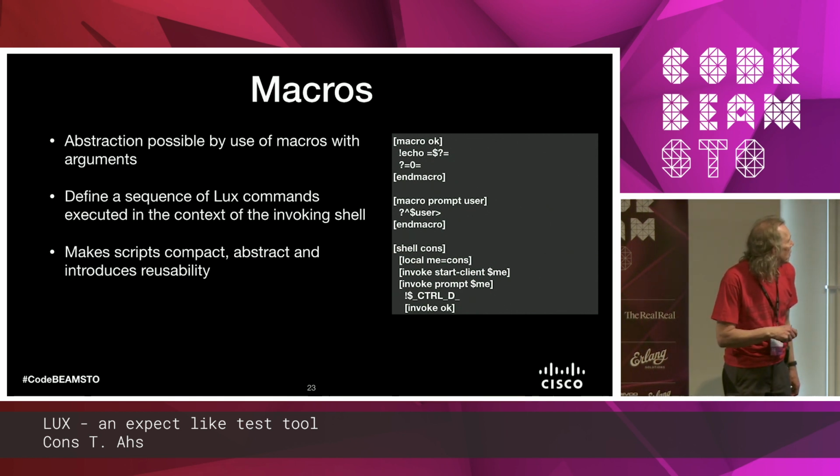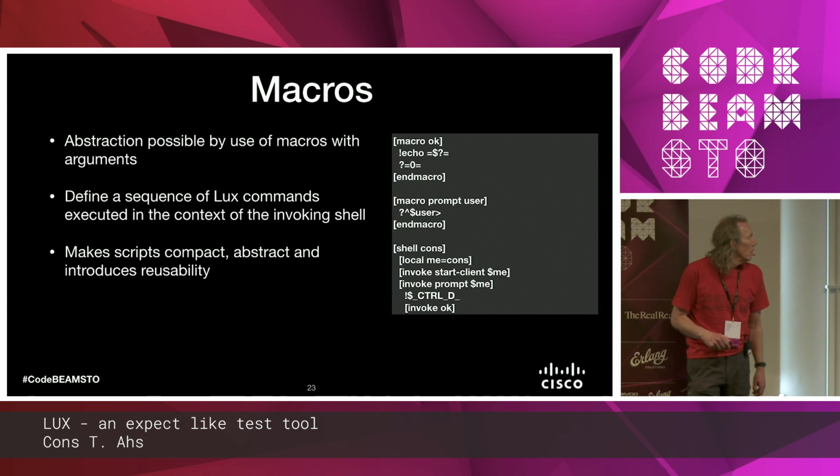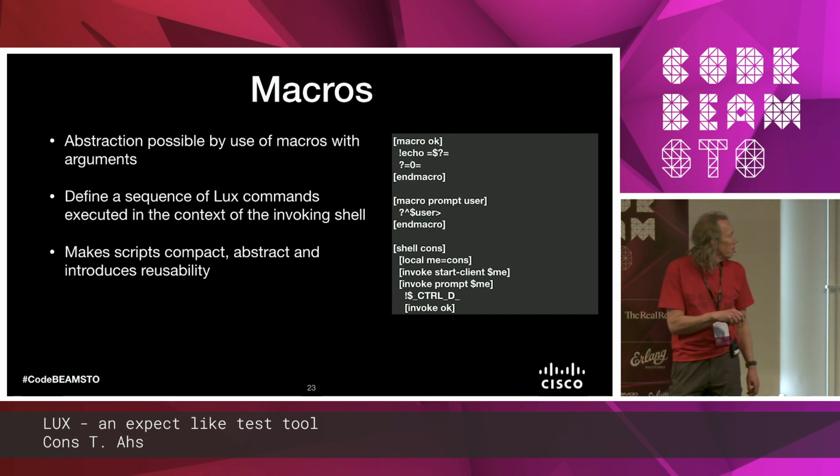Oh, interesting. I never invoked the OK macro. So here we see a case of invoking the start client macro, which isn't there. And then we check for the prompt, something like that. And yeah, we had a local variable called me here, so we're sending that to the macro, etc. For another shell, we could just bind me to something else or send it as an argument.